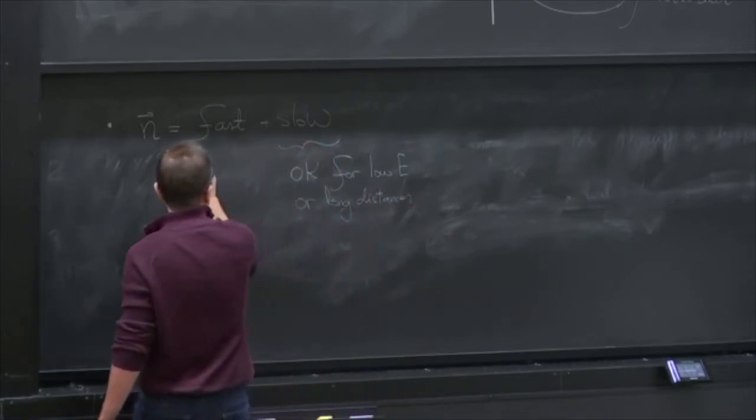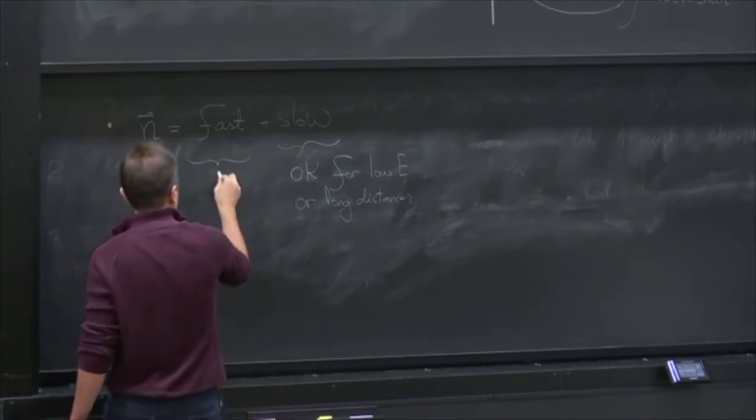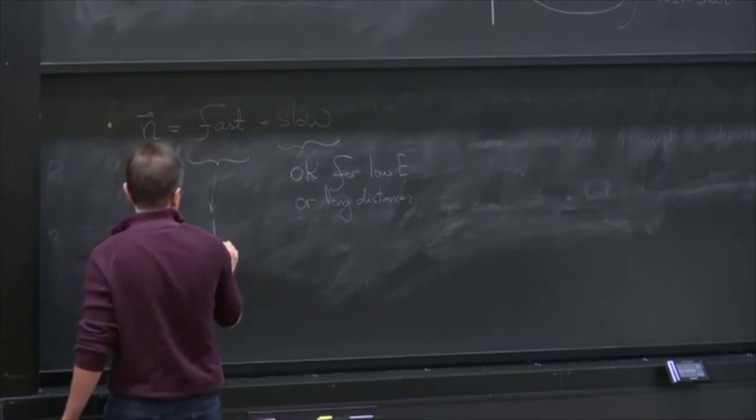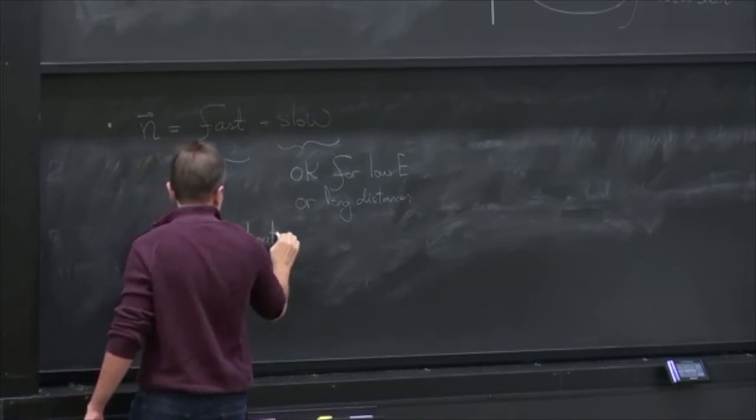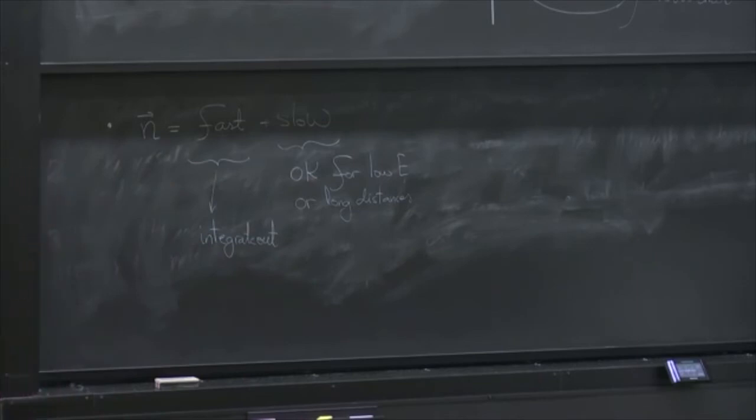And then these fast modes, we integrate them out. In other words, the theory that describes the slow modes, when I ask physical questions in that theory, I must get the same answers as the questions I ask if I keep the slow and the fast modes, if my question is about low energy. So if I ask, what's the correlation function between a point here and a faraway point here?